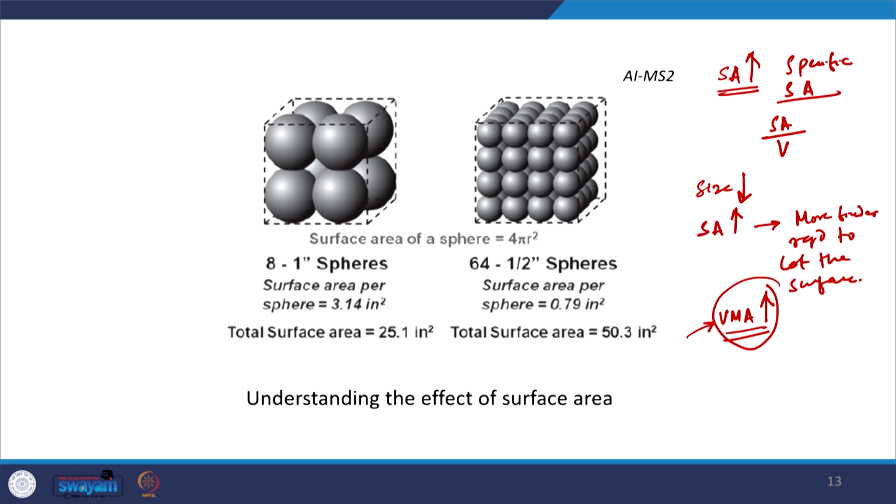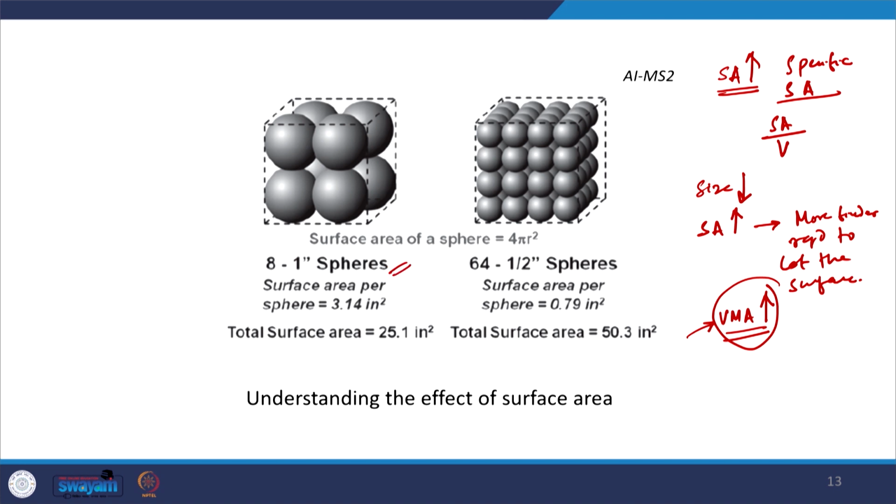And this also can be understood using this example which is shown in the slide. Here you see that we have a constant volume of a cube, and inside this we are adding some spherical particles, all right. Let us say that in the first cube we can adjust 8 spherical particles of approximately 1 inch dia.